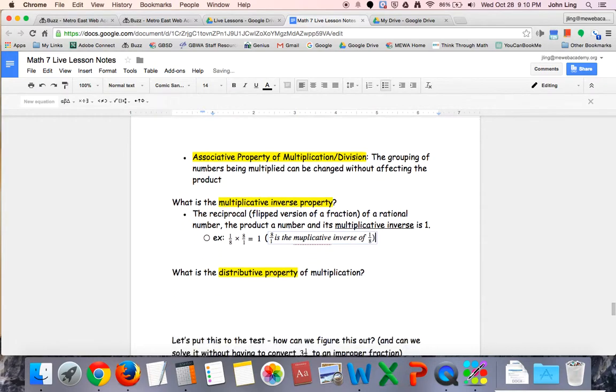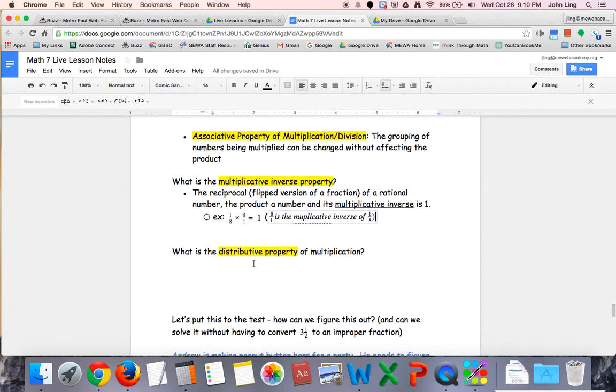Okay, so last thing, distributive property. What is the distributive property of multiplication? Okay, the distributive property basically says that, well, I'll give you the definition and we'll talk about it.